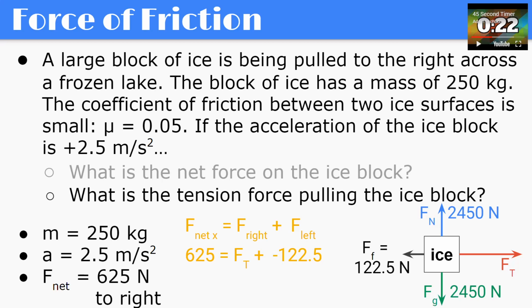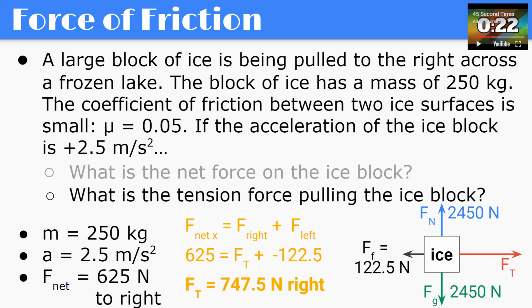So I have my net force 625 newtons equals Ft, that's what I'm trying to find, plus my force to the left, which is friction, and I tacked a negative on because it's to the left, plus negative 122.5. If I want to solve for that, I need to move that negative 122.5 to the other side, which means I'm subtracting a negative, or just adding a positive.